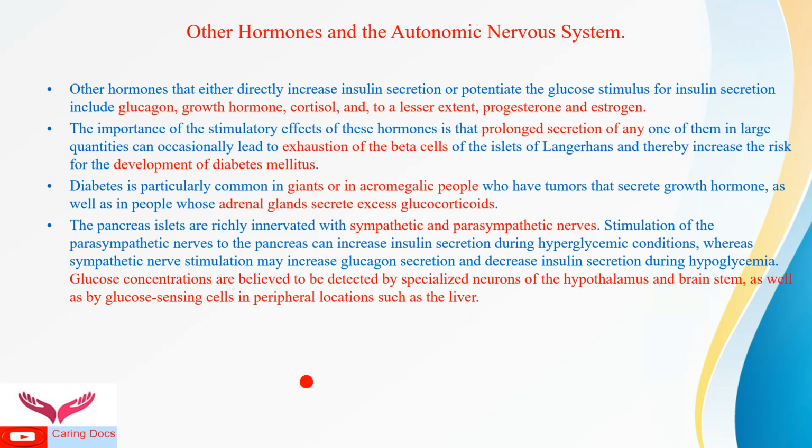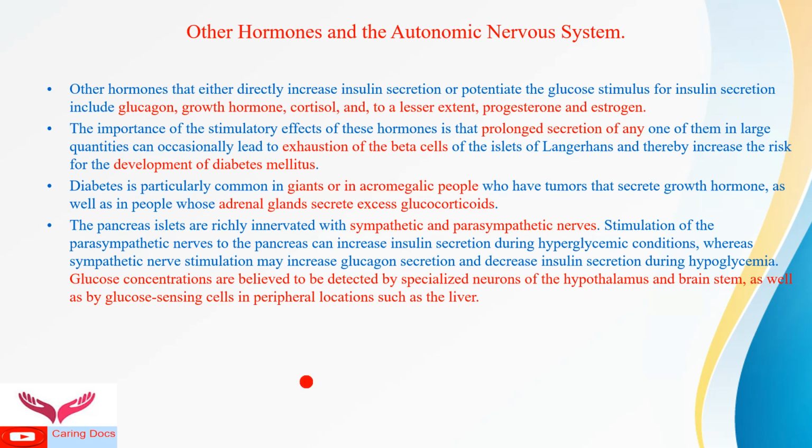Diabetes is particularly common in patients who have acromegaly or gigantism, or those patients who have an adrenal tumor which secretes excess glucocorticoids. The pancreatic beta cells or islet cells are richly innervated by the sympathetic and the parasympathetic nervous system also.